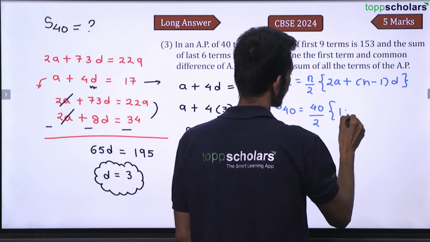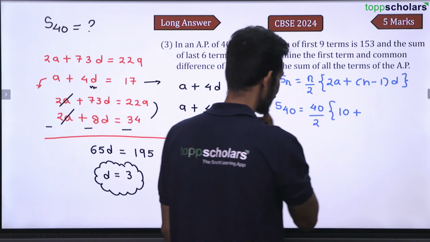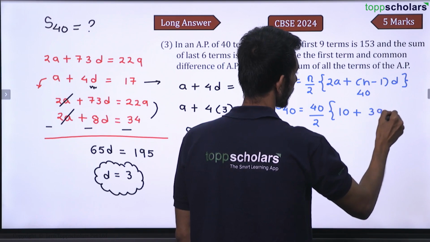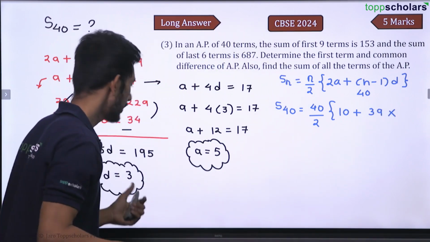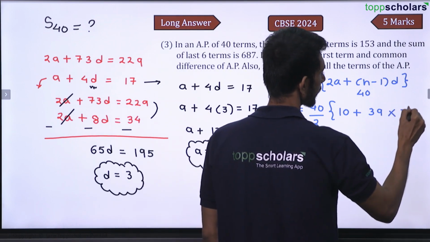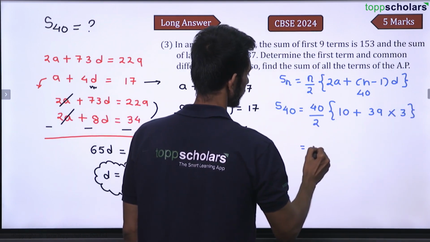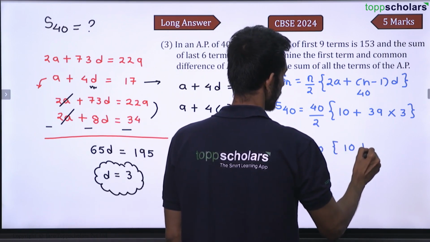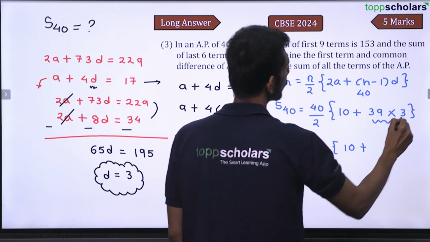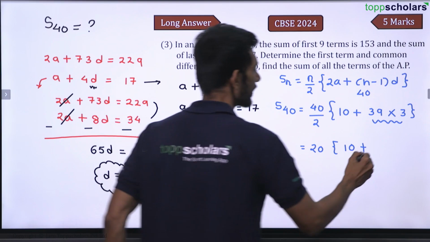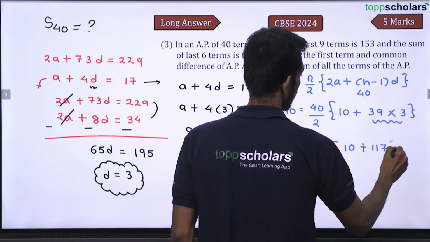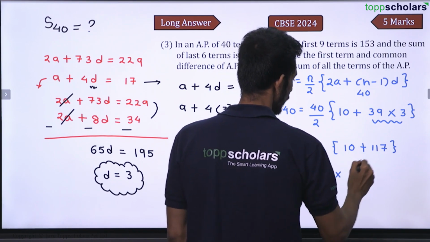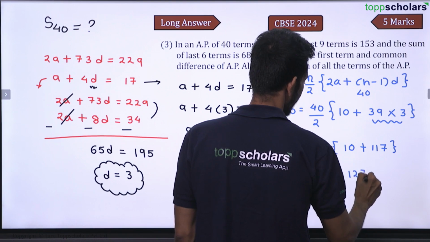Can I write it down directly? 2 into 5 is 10 plus, n is 40, so 40 minus 1 is 39 into d, d is 3. So this becomes 20, because 40 divided by 2 is 20, into 10 plus 39 into 3. 39 3s are 117, and that gives you 20 into 127, right?